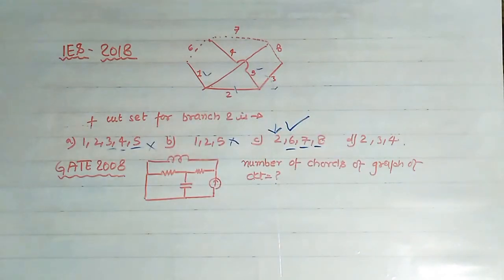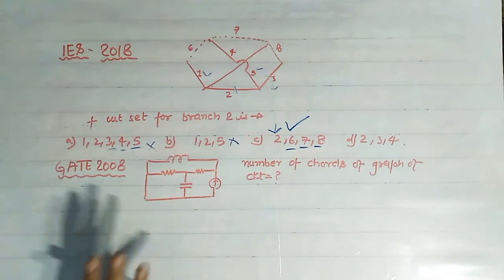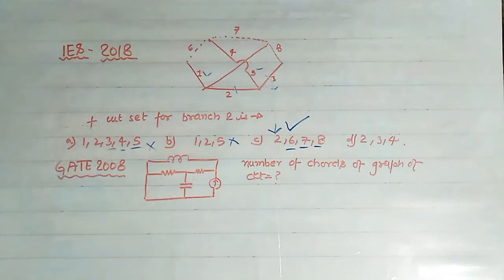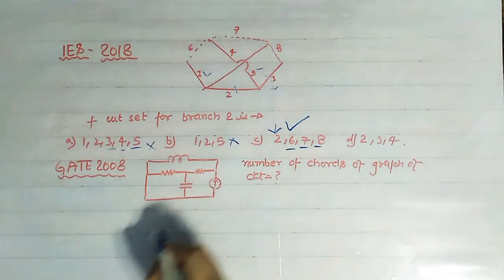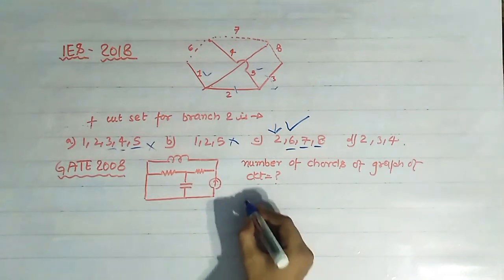Now take this question that has been asked in GATE 2008. Here we have to find the number of cuts of the graph. We know that the number of cuts is equal to the number of links, so simply we have to find the number of links. The graph of this network is like this.